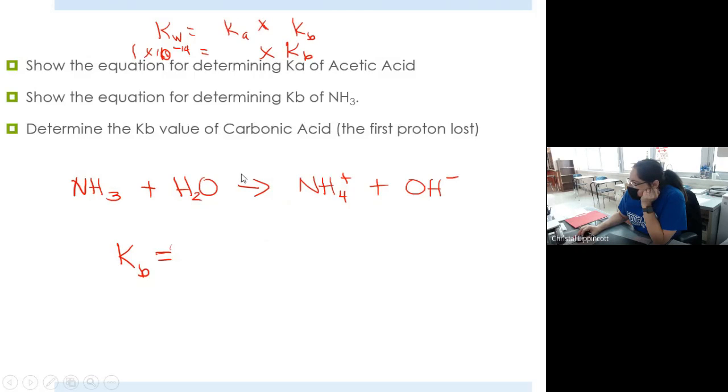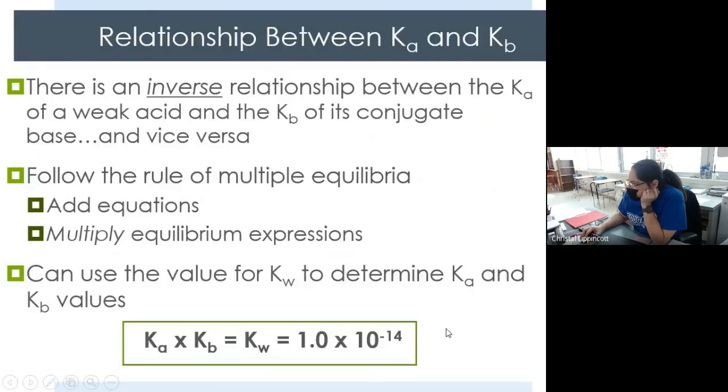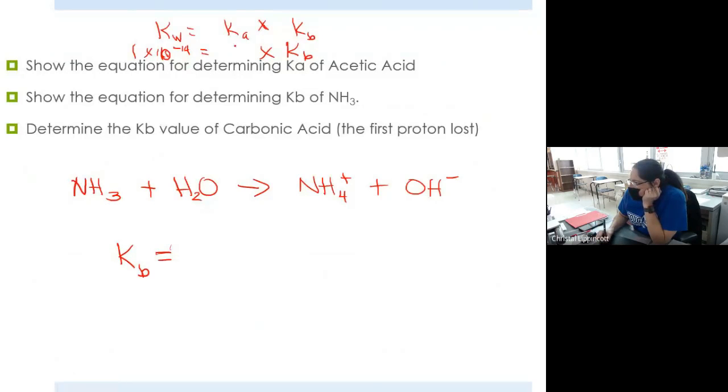If I go back to the slide that has this listed, that's 4.3 times 10 to the negative 7. If I divide this by that, that's going to give me a Kb value. So you guys should be able to do that in your calculator.